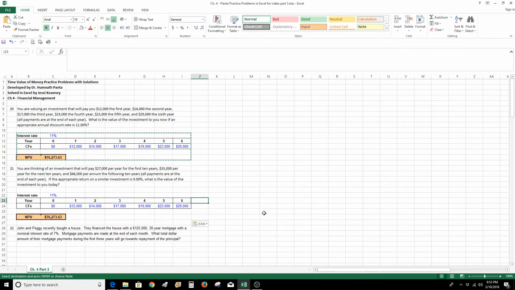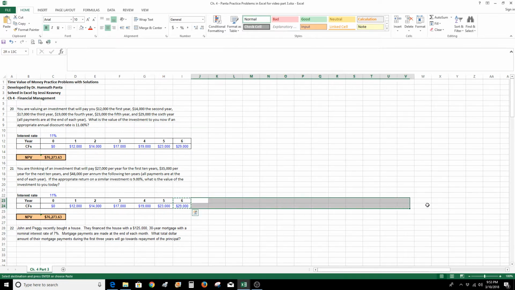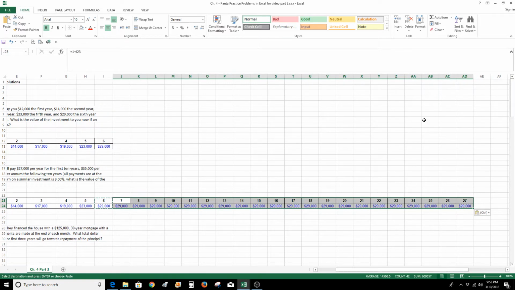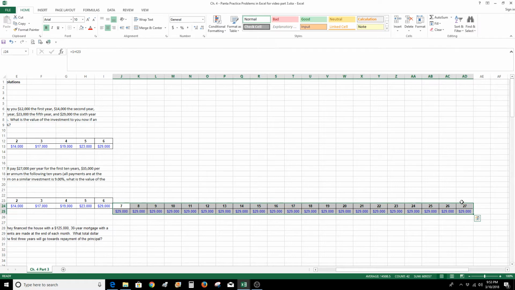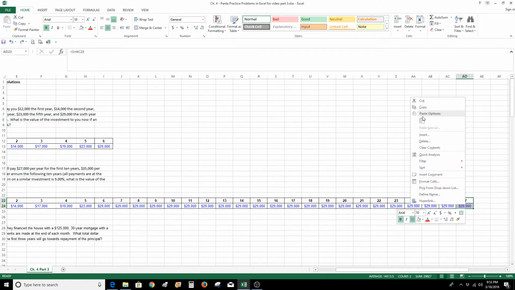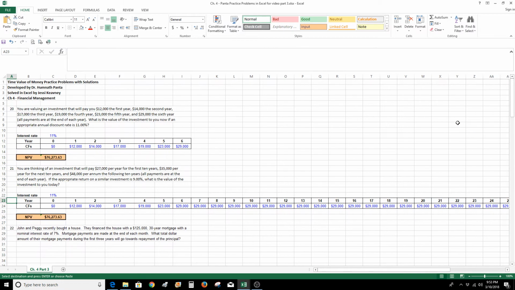So if we just do 1 plus that one, and then take those cells and copy them and extend it out. That's to 27, oops, undo. We're going to copy that out to 30. Okay.